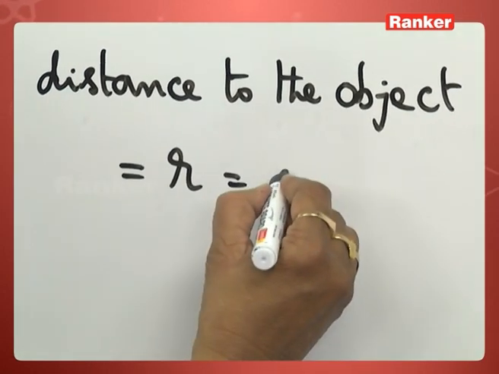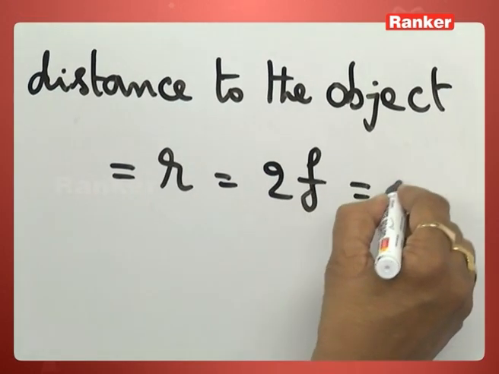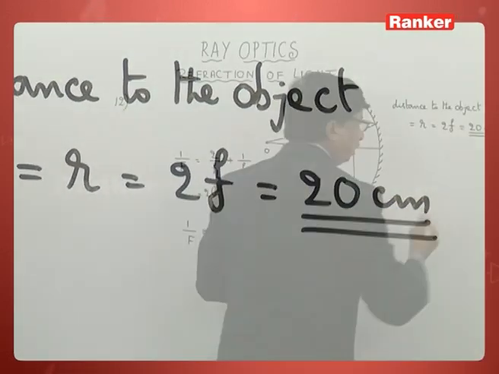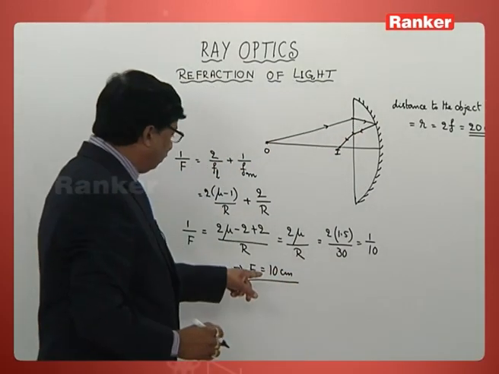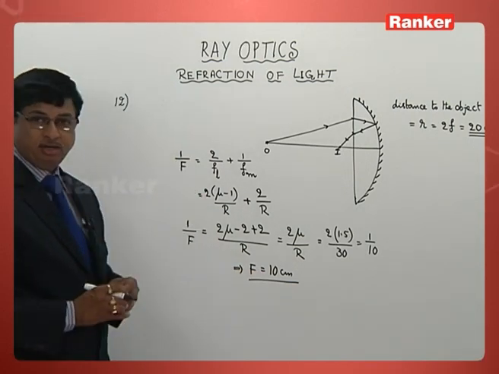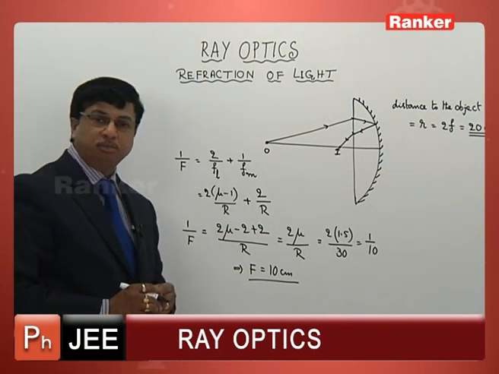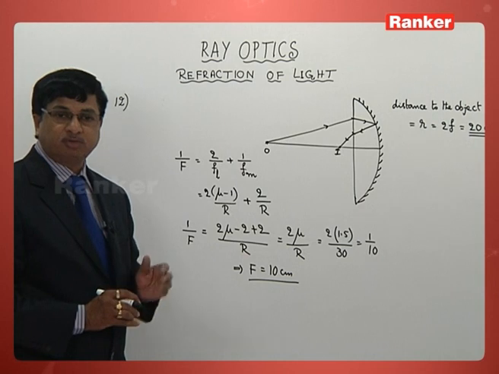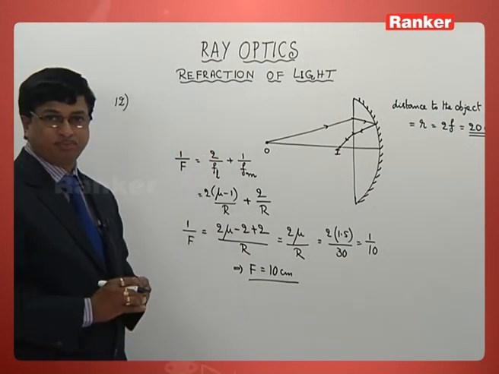Radius of curvature is nothing other than twice the focal length. So it now should be 20 centimeter because focal length is already calculated as 10 centimeter here. So twice 10 becomes 20 centimeter. That is going to be the distance to the object from this plano-convex lens.